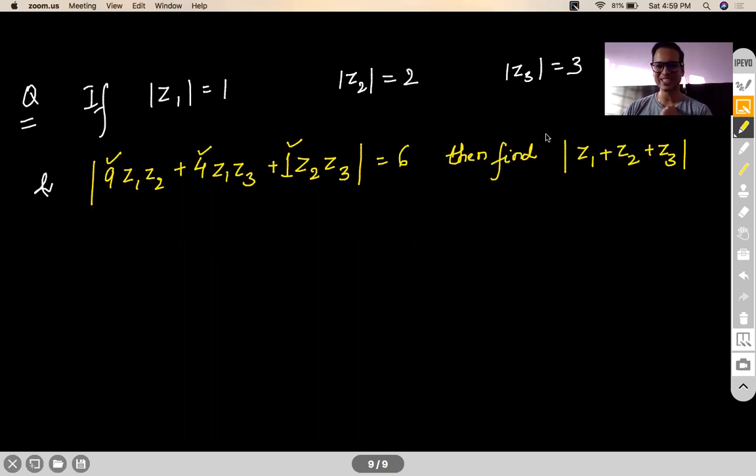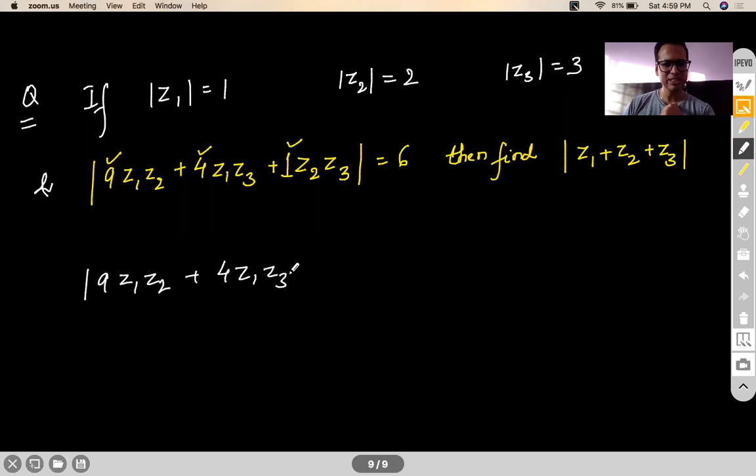Okay, let's do this. First of all, this expression itself, I will try to work on it once again. Within the modulus symbol, I will take Z1, Z2, Z3 common from each one of these terms.